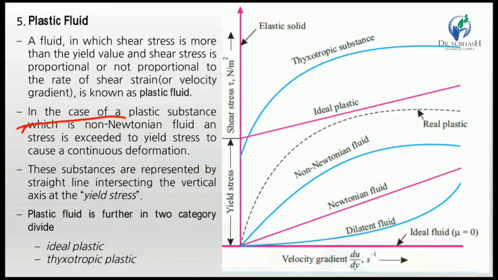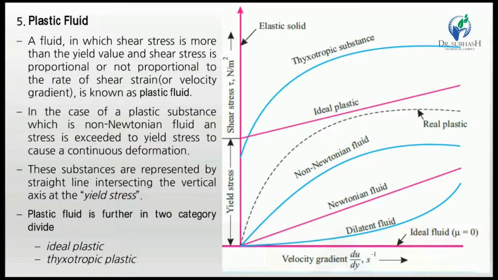In the case of a plastic substance, which is a non-Newtonian fluid, the stress must exceed the yield stress to cause a continuous deformation. These substances are represented by a straight line intersecting the vertical axis at the yield stress. Plastic fluid is further divided into two categories: ideal plastic and thixotropic plastic.